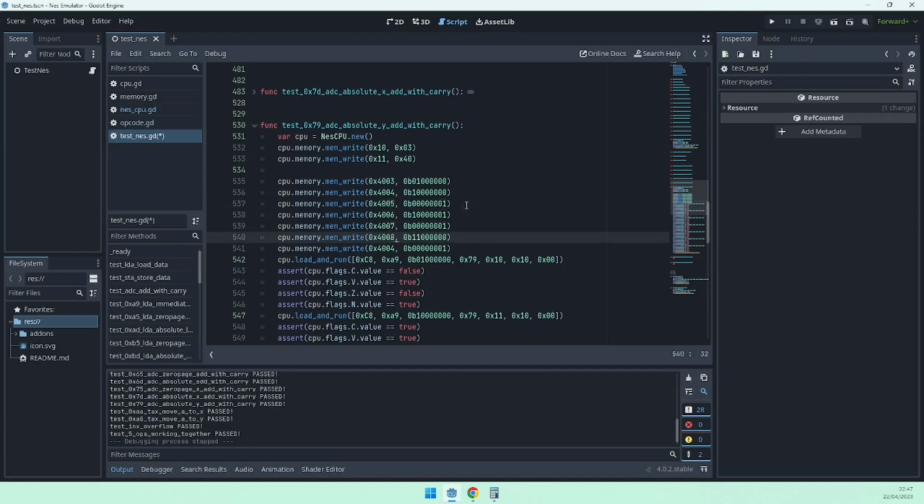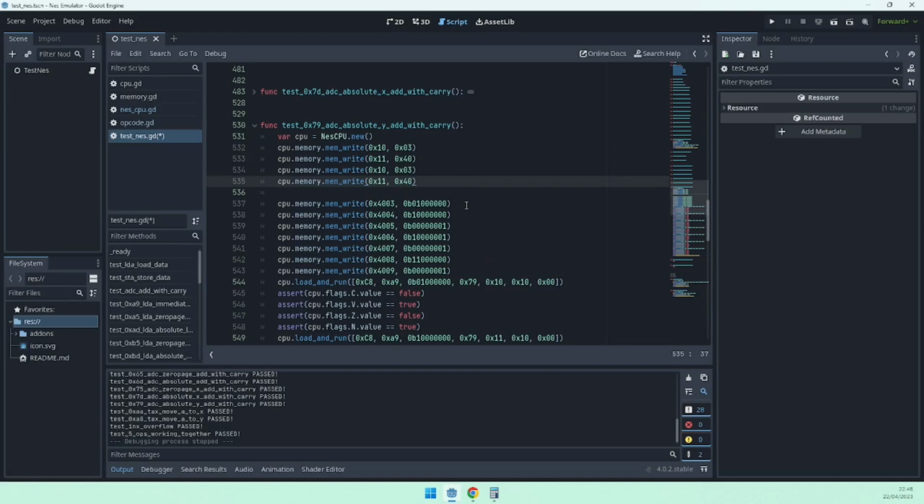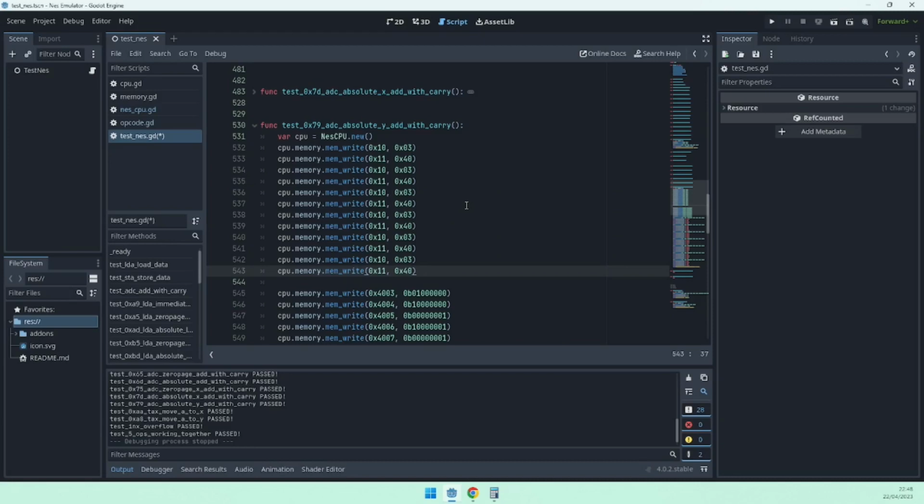Five, 6, 7, 8, 9. So less significant byte, more significant byte. This is 4003. And now I have to make addresses for the other 3, 4, 5, 6. So this is 12, 13, 14, and move on.